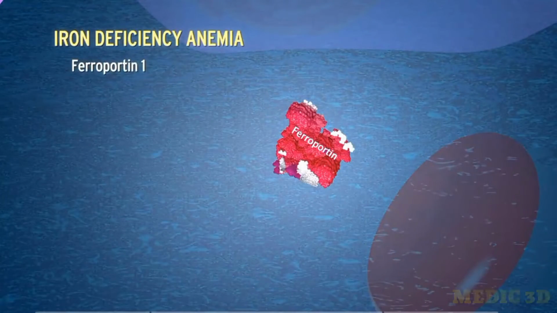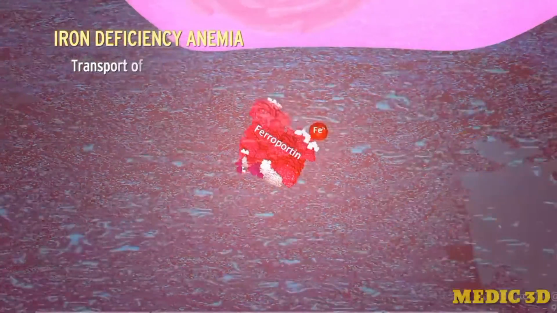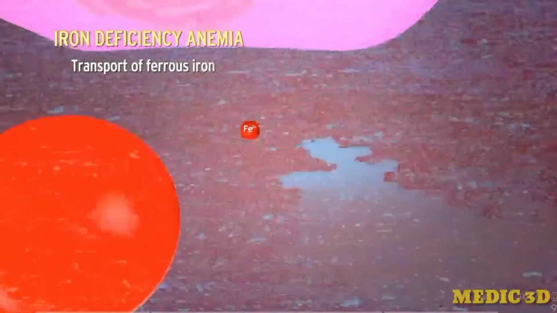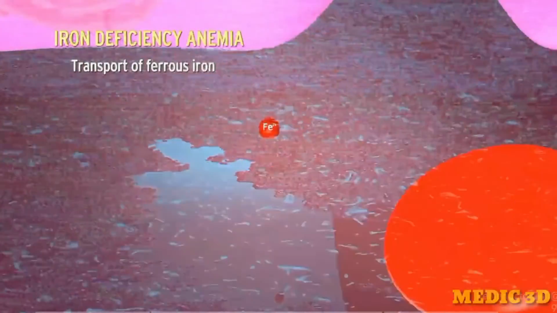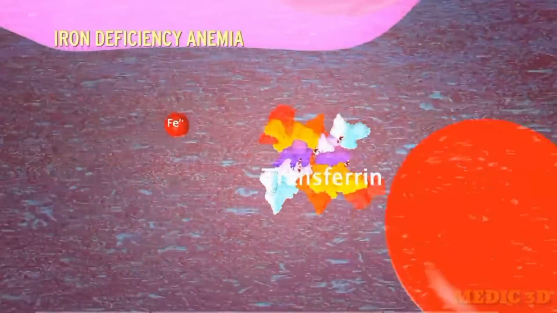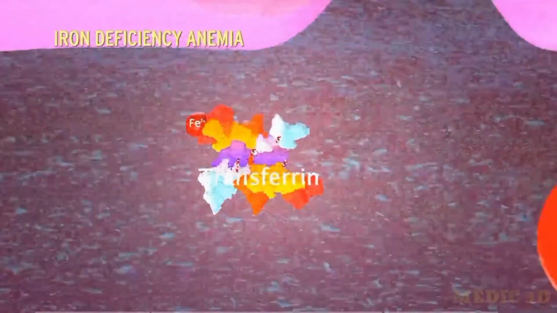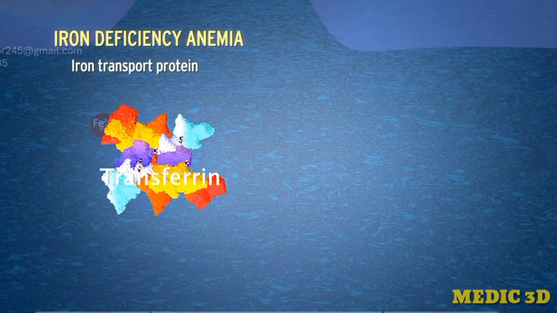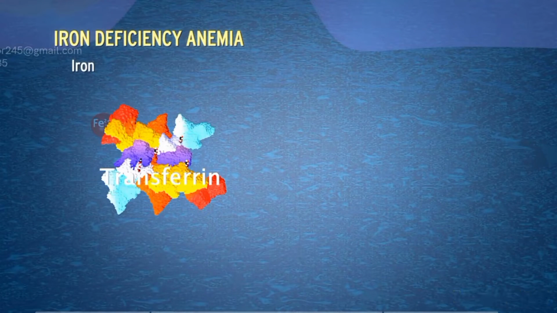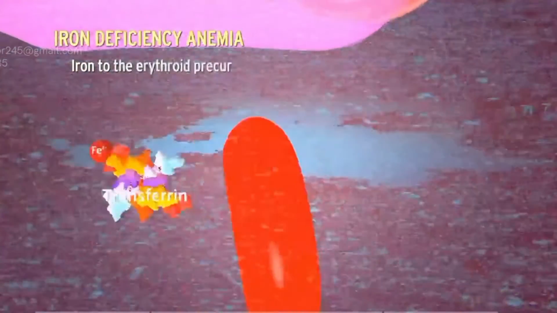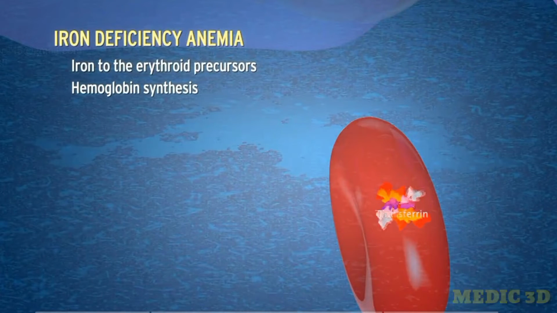Ferroportin 1 helps in the transport of ferrous iron from the cytoplasm into the circulation. Transferrin produced in liver is the iron transport protein in the plasma carrying iron to the erythroid precursors for hemoglobin synthesis.